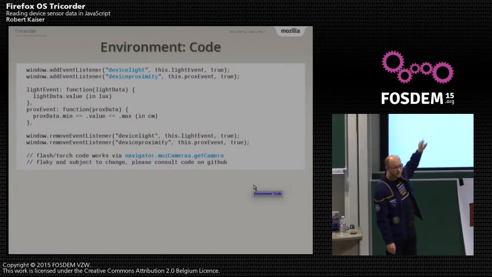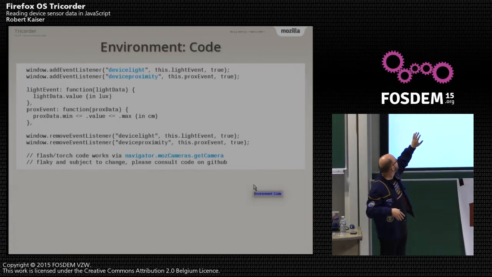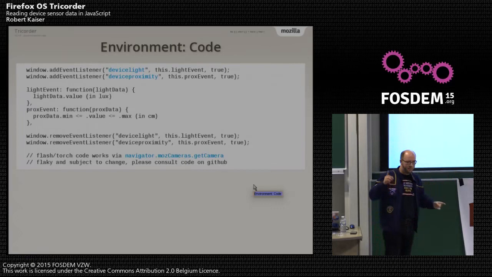So it's basically the same thing as we had with those other two events with the accelerometer and magnetometer. You add event listeners, then you get the arguments in the functions, you get a value in lux for the light, and you get proximity data, a value in centimeters, and the minimum and the maximum.